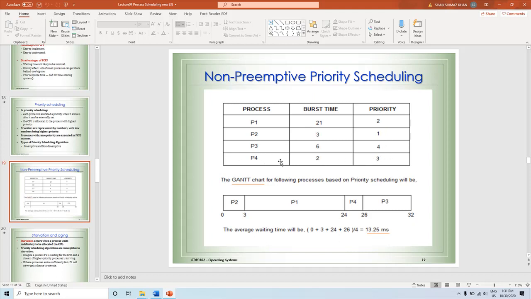So you can see P2 has the highest priority, P2 first, then P1 has the next highest priority, then P4 has the next highest priority, then P3 has the lowest priority. It is scheduled last, and you know how to calculate the waiting time according to the tutorial we have discussed.